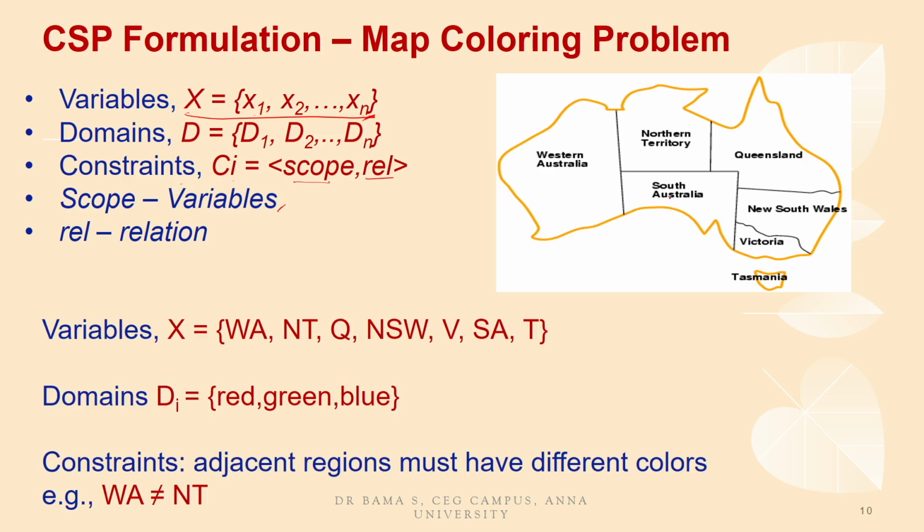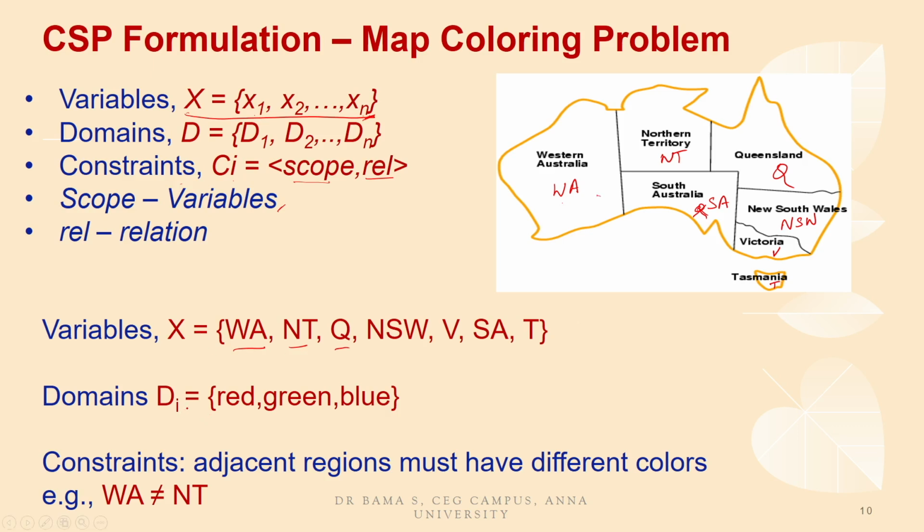For this example of the map coloring problem, the variables are the states. This is Western Australia, abbreviated as WA. This is NT, Northern Territory, Queensland. This is Queensland. This is South Australia. This is New South Wales. And Victoria. This is Tasmania. So, the variables here are the states.